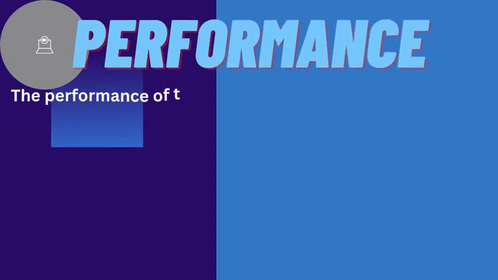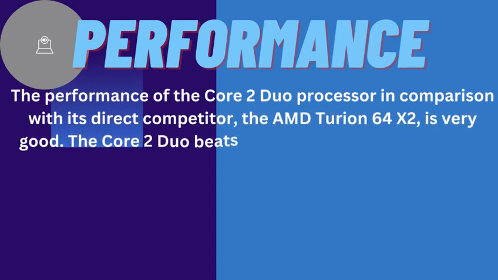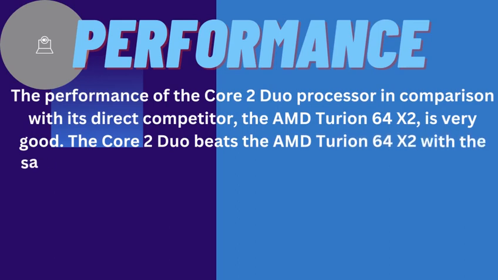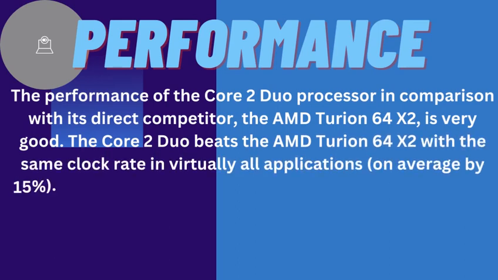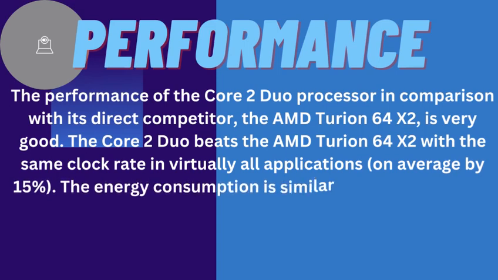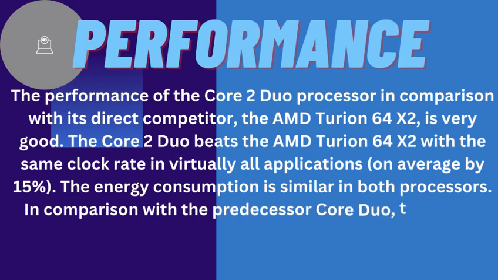Now, talking about the performance of the Core 2 Duo processor in comparison with its direct competitor, that is the AMD Turion 64 X2, is very good. The Core 2 Duo beats the AMD Turion 64 X2 with the same clock rate in virtually all applications on average by 15%.